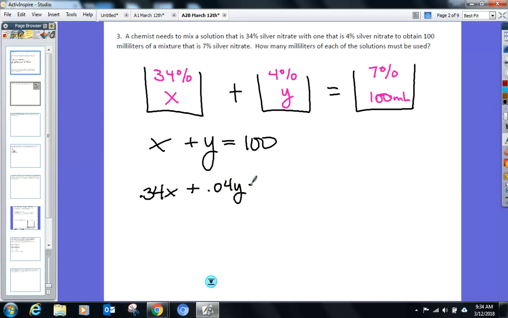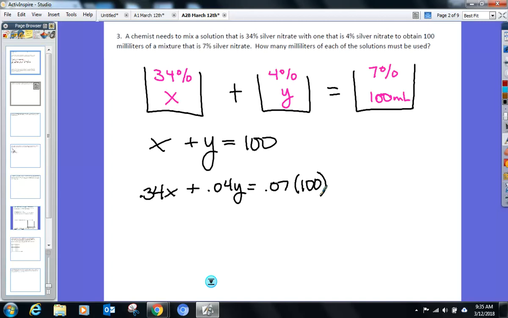And everyone has to pay attention to this last part because this is where some of you lost points on the quiz. 0.07, but you can't leave it like that. Times how much you have, just like here and here. So 0.07 times 100. You have to multiply the percentage by how much you have. Then you can clean that up and solve it however you think is appropriate on your own.